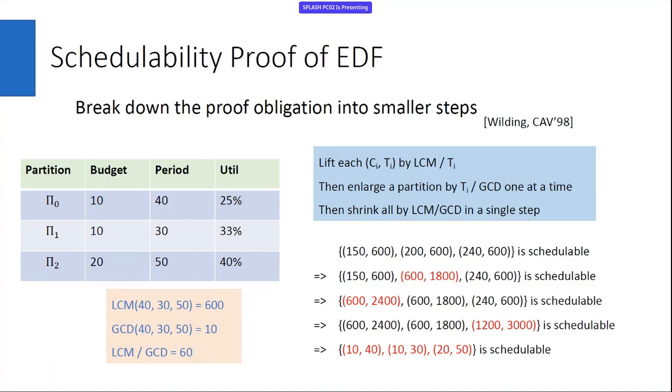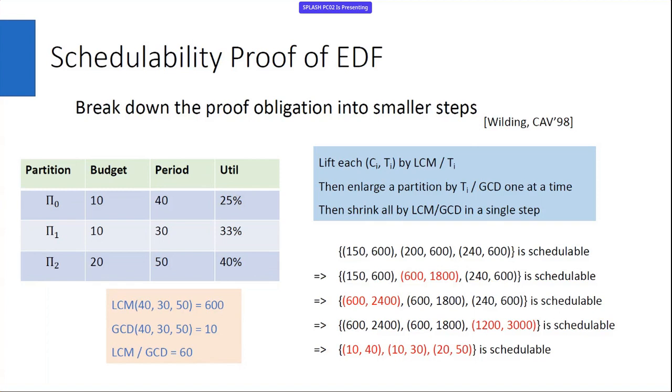And then you try to enlarge every partition by T_i divided by the greatest common divisor. The greatest common divisor of these 3 periods is 10. So in the case of 200/600, we are going to enlarge it by 3, because T_i is 30 divided by 10.